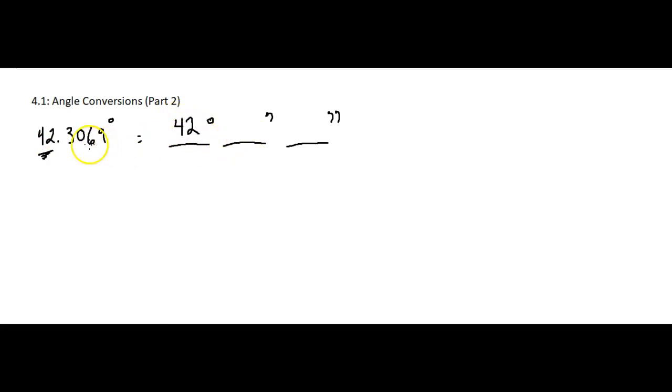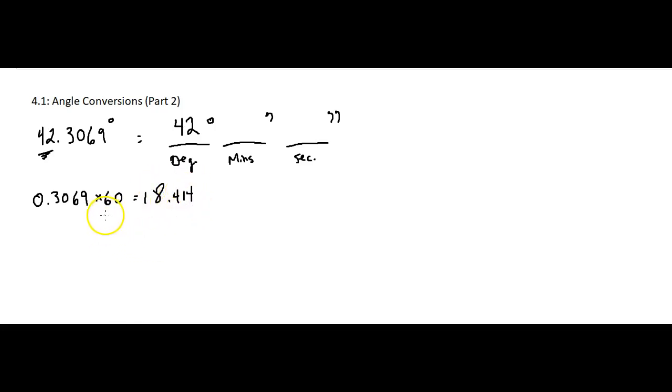The rest will be the decimal portion that we are converting into minutes and seconds. This is my minutes, this is my seconds, this is my degrees. Alright, so if we now take the decimal portion, 0.3069, and multiply by 60, we end up with 18.414.